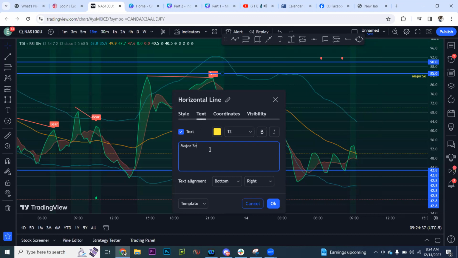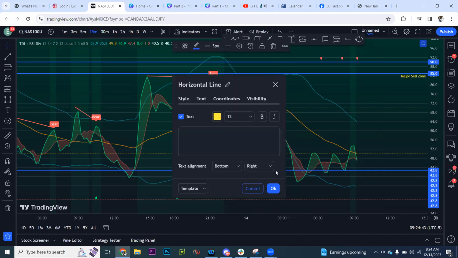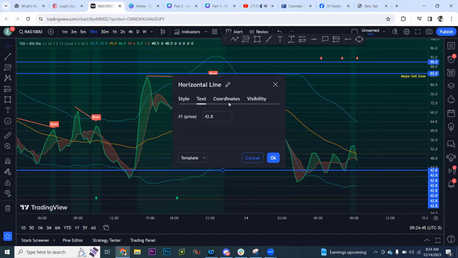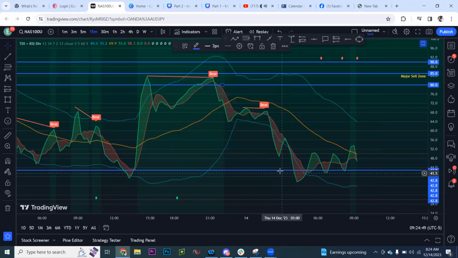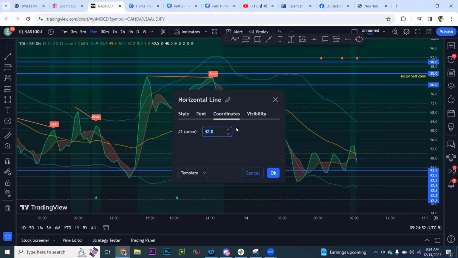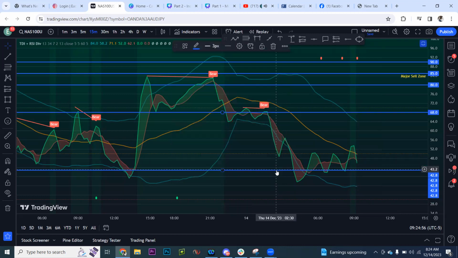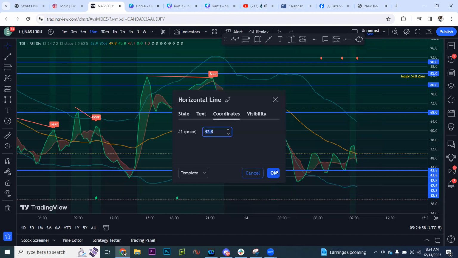Major sell zone. This way you know where you are inside the move at all times. Regular sell zone.